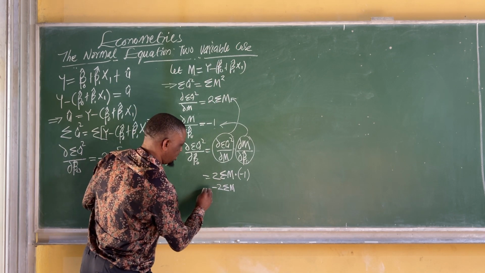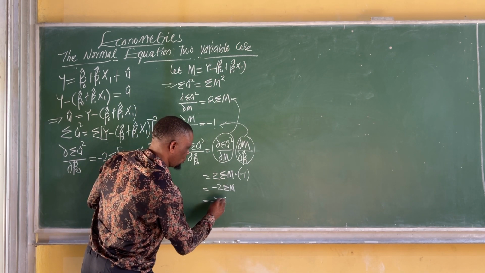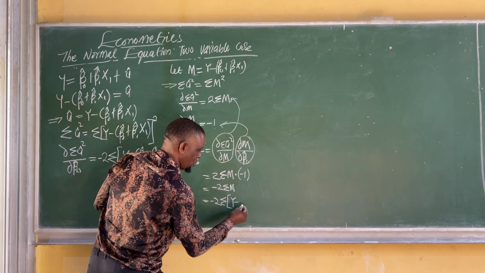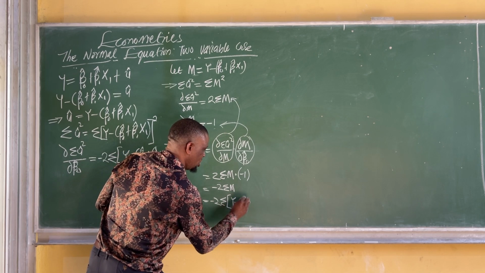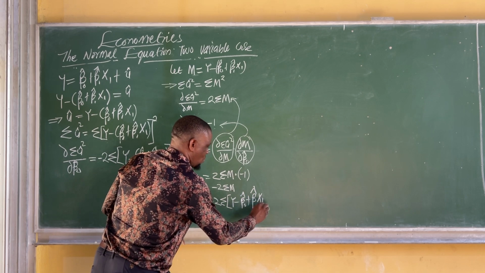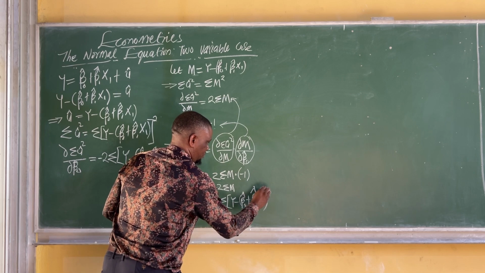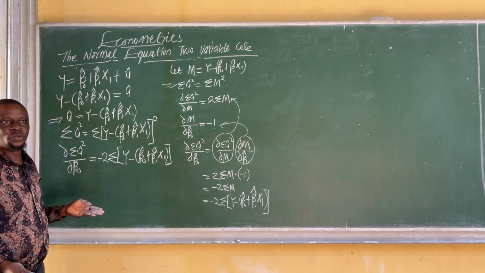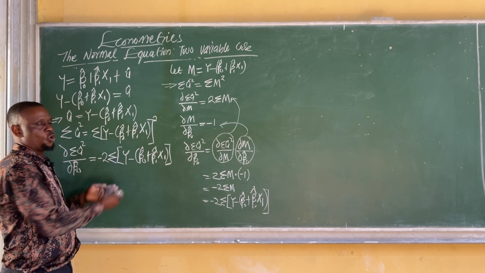So which will mean that we'll have minus 2 summation. Now our m, note that our m is y minus what? Beta 0 hat plus beta 1 hat x1. And that's what we differentiated and showed you here. So you now understand how we got this.